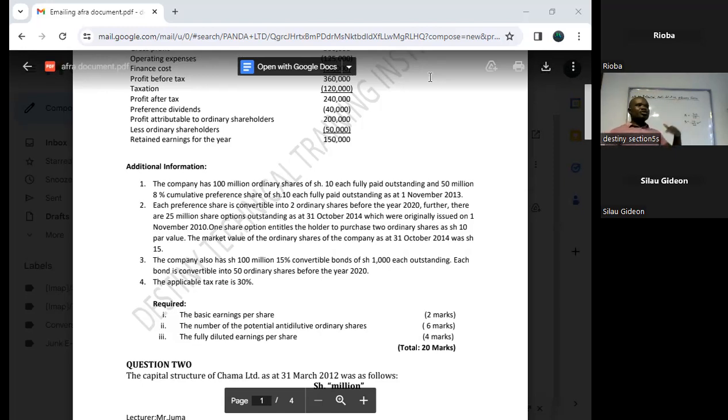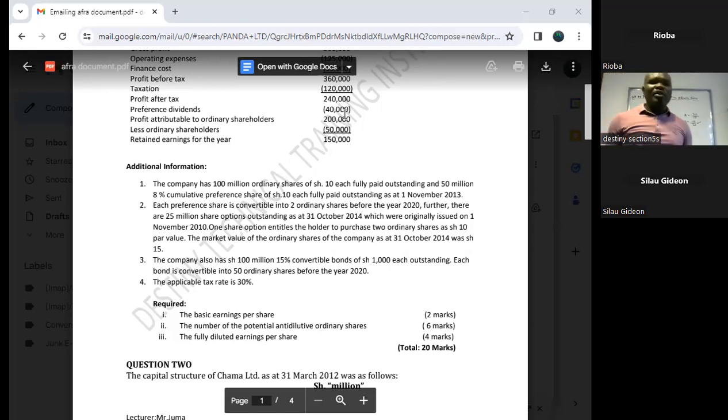You check those convertibles, the ones which is going to give you the highest profit with the less shares. That one is anti-dilutive. So there we go. Actually, there are three of them. See, Billy. Kuna options. Then there is convertible bonds. I can also see their preference. So I want to start with the one which starts at the top.